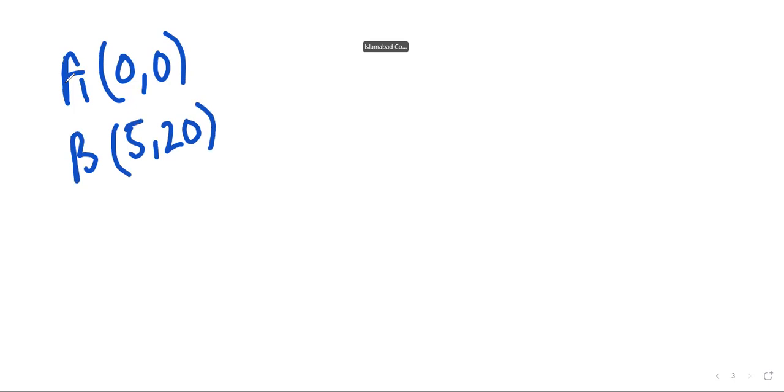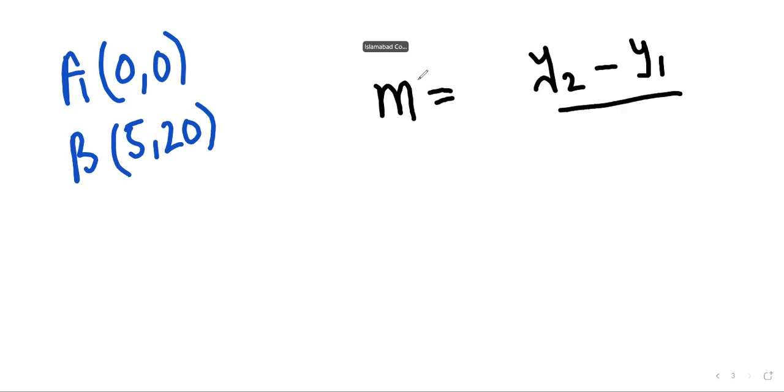So gradient is, we know that gradient is m. How do we calculate m? y2 minus y1 over x2 minus x1.